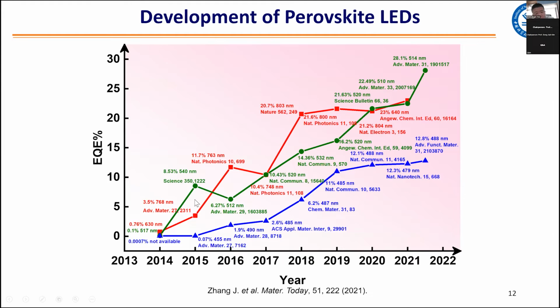So this is the progress of perovskite light emitting diodes. Now the emission efficiency for green and infrared is over 20%, and blue is a challenge. I think blue and red are catching up. For every type of light emitting diode, blue is always the challenge.